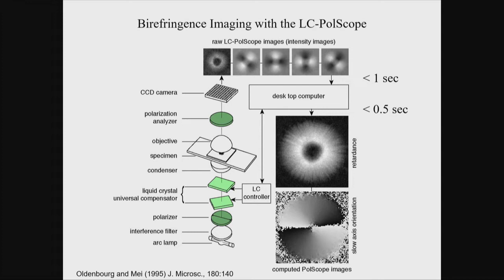And so it's an easy way of adding really quantitative features to the traditional polarized light microscope. The polarization analyzer here is no longer a linear analyzer. This is a fixed analyzer. It's for circular polarized light.